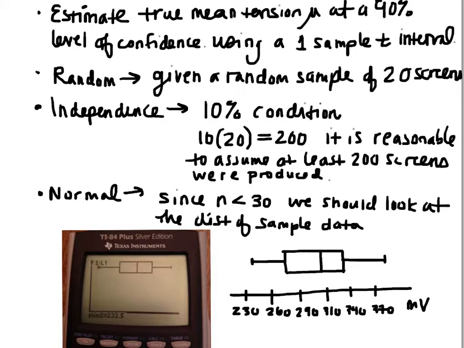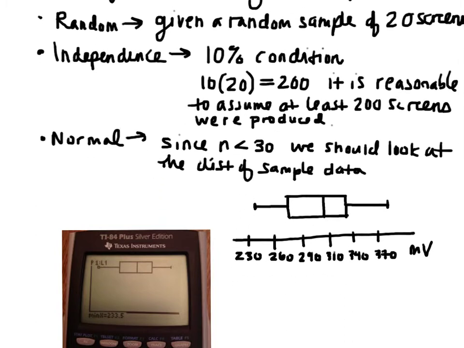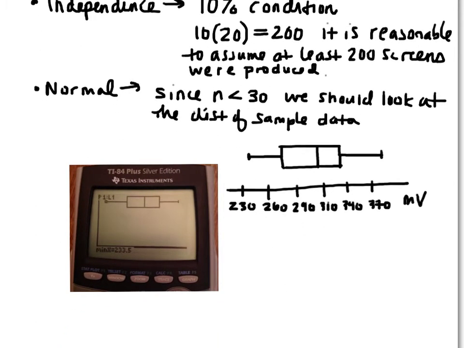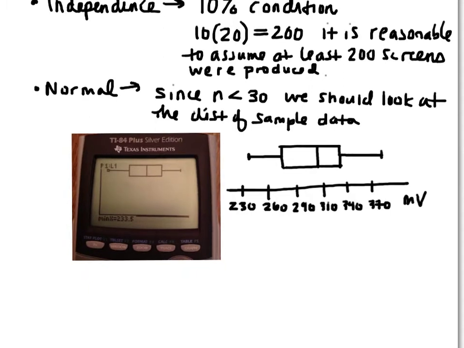Okay? And so what you're going to say, this picture didn't move with it, I'll move it with it. What you're going to say is that the box plot is not skewed and there are no outliers.